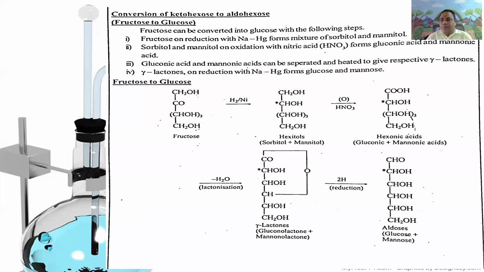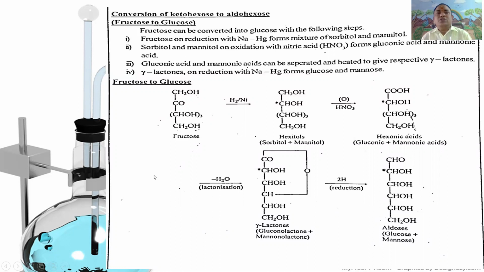First step is fructose undergoes reduction with nickel, platinum or palladium. It gives the epimeric mixture of sorbitol and mannitol.